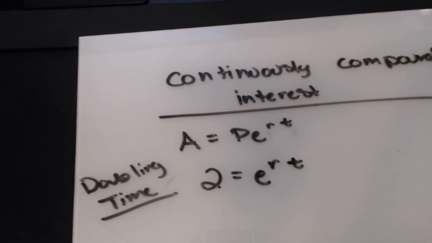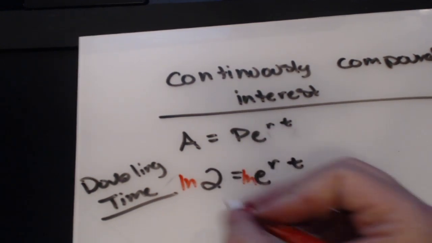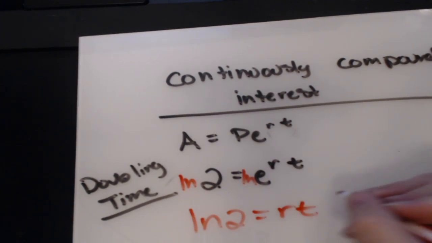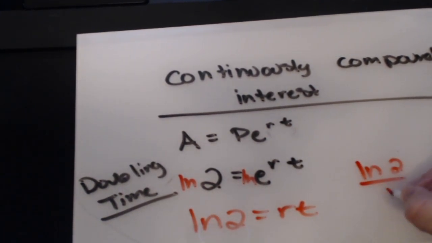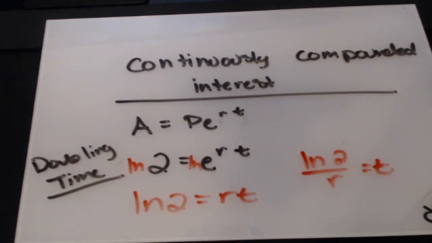Fun fact, you need to get rid of e, so you're going to take the natural log. And that gives you natural log of 2 equals rt. Well, you divide by r. Natural log of 2 over r equals t. That is the formula for doubling time. You can skip all the work, and this equation will always work to find doubling time.